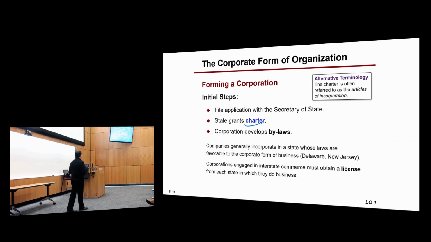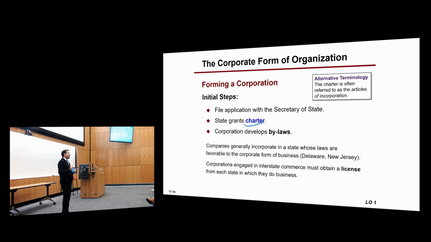The charter would state basically the purpose of the company, the founders of the company. Okay? So, and then once it is incorporated, the company would create their own bylaws. Bylaws are their own internal regulations and policies and etc. Okay?